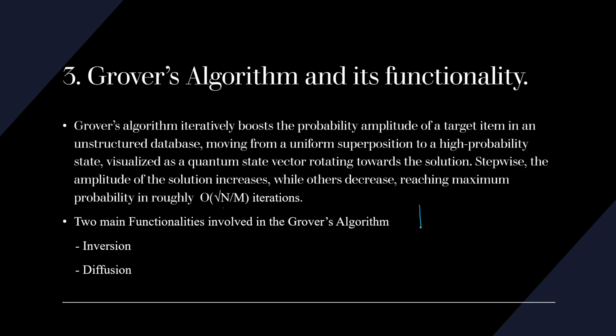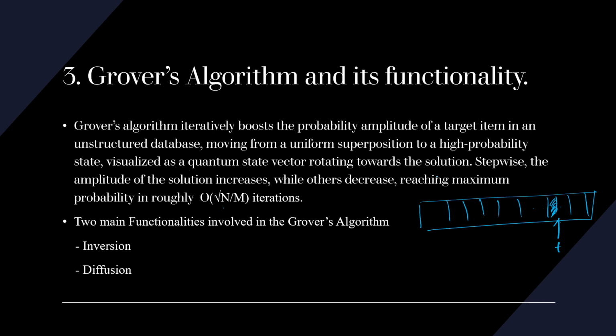What does this mean? Suppose we have many states with us, and this is our target state t, which we need to find, and other states are also present.